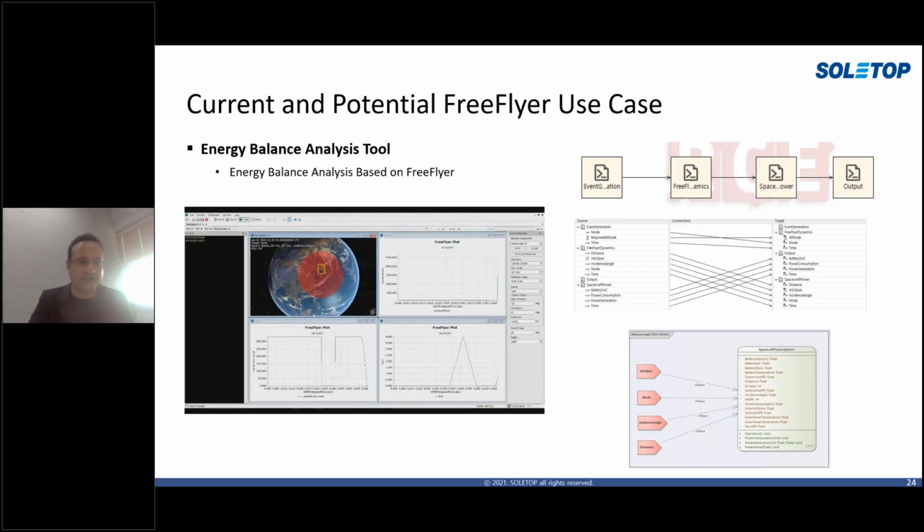It's quite easy to put up your coding concept and then code it with Python, and it's very easy to visualize the energy balance needed for a particular customer. You can see on the right side the framework done by the team here. It's already there in FreeFlyer, but for demonstration purposes they put out as much information as possible for ease of understanding.